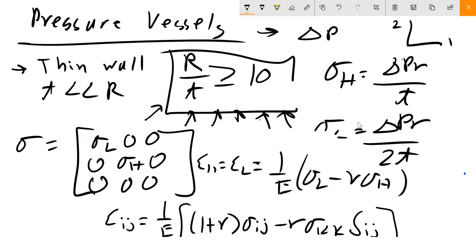That's it. It follows from your expression there. So that's all you have to deal with. You could do the same thing for the hoop strain. You could be given a delta P, an R, a T. You want to write down the equations and then try to solve those. Just manipulate those equations. It's right there for your picking.